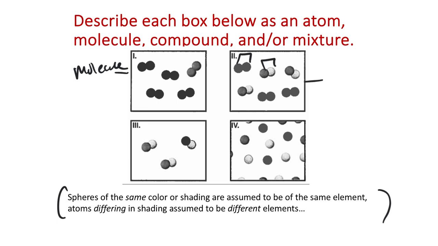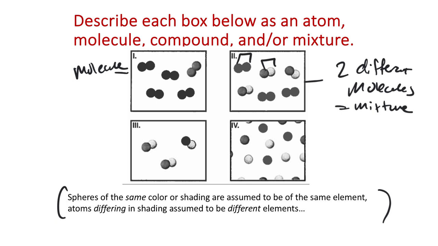Box 2, I look at box 2 and I see two different molecules. One of the molecules is a compound. We call that a mixture then. So the word mixture would apply. So I have a mixture of a molecule and a molecular compound.